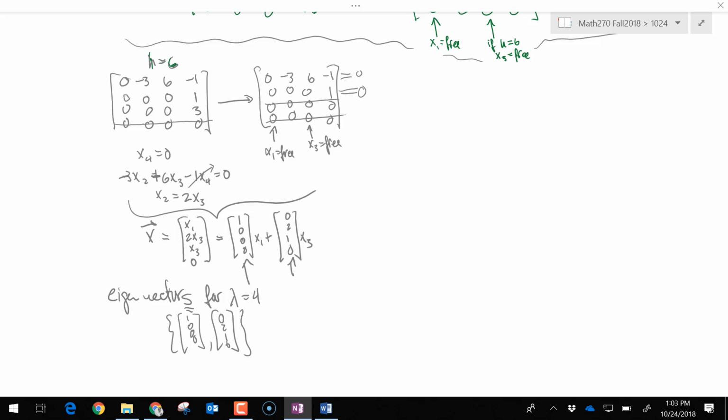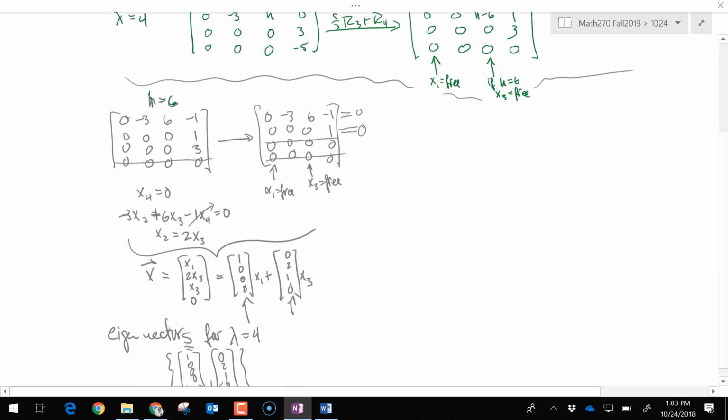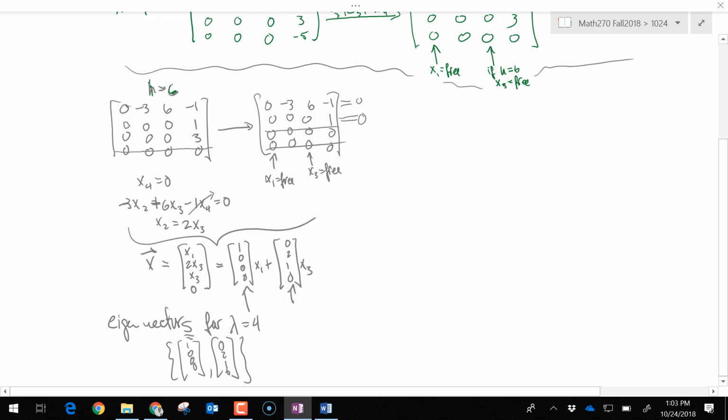Well, not necessarily, because we have multiplicity. So I would call this the algebraic multiplicity. So that's algebraic multiplicity 2. In this case, we would call this a geometric multiplicity of 2.